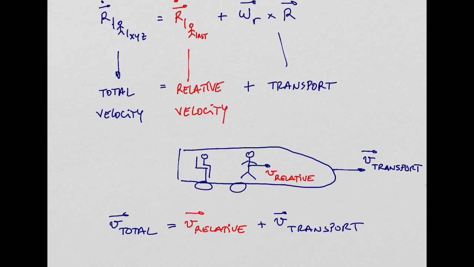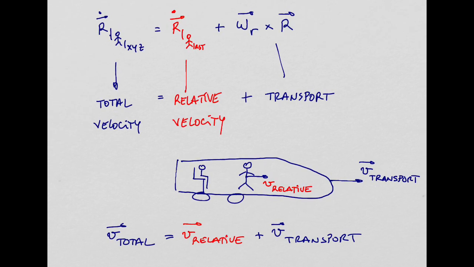Isn't it? So what you have here is exactly the same thing. That's why this term is called the transport. I think this analogy is good to understand, to give some logic to this.